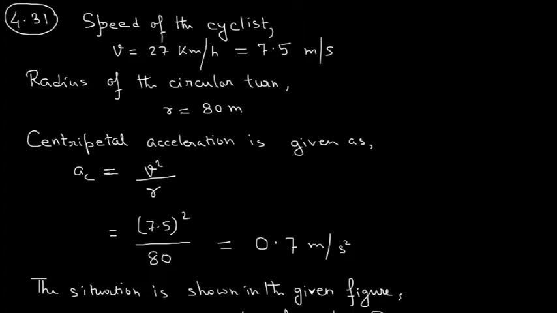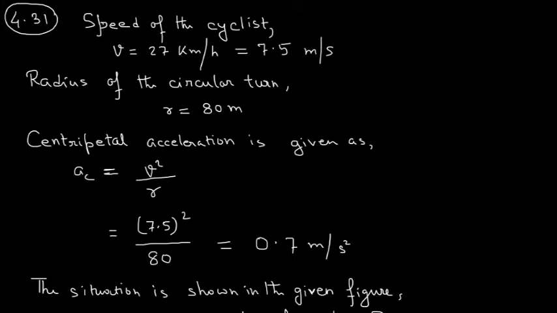Radius of the circular turn is r is equal to 80 meter. Centripetal acceleration is given as a c is equal to v square upon r, that is 7.5 whole square upon 80 is equal to 0.7 meter per second square.